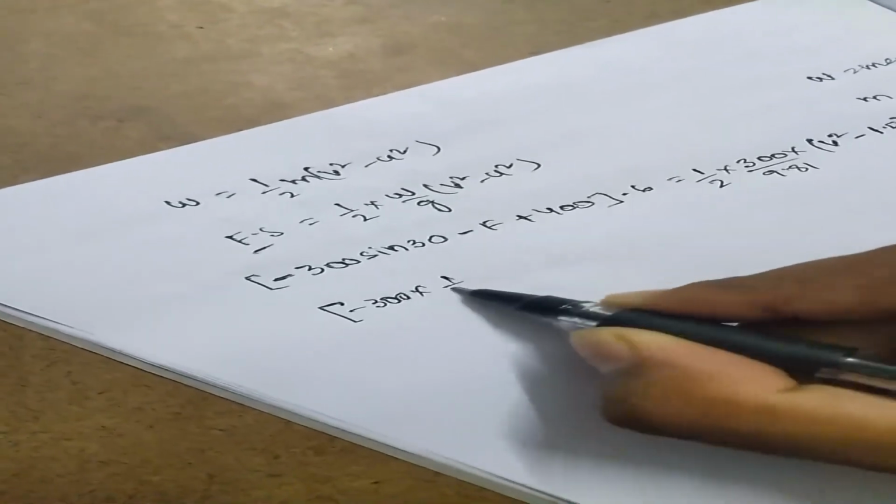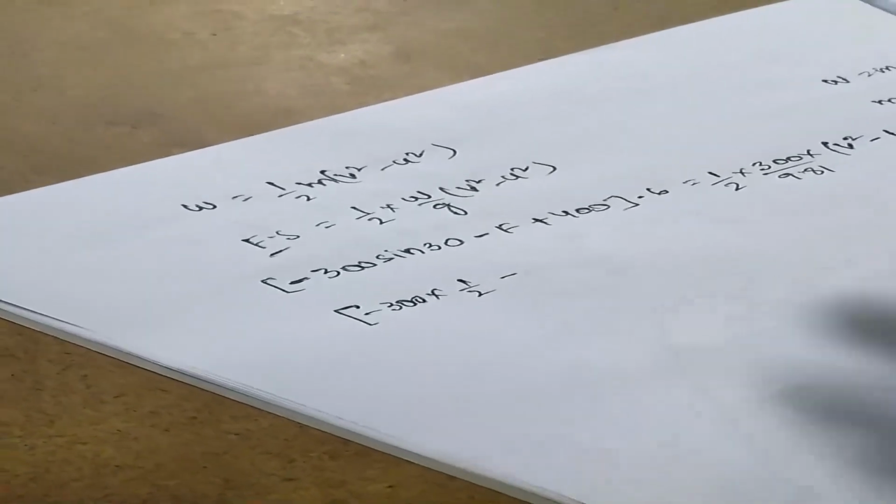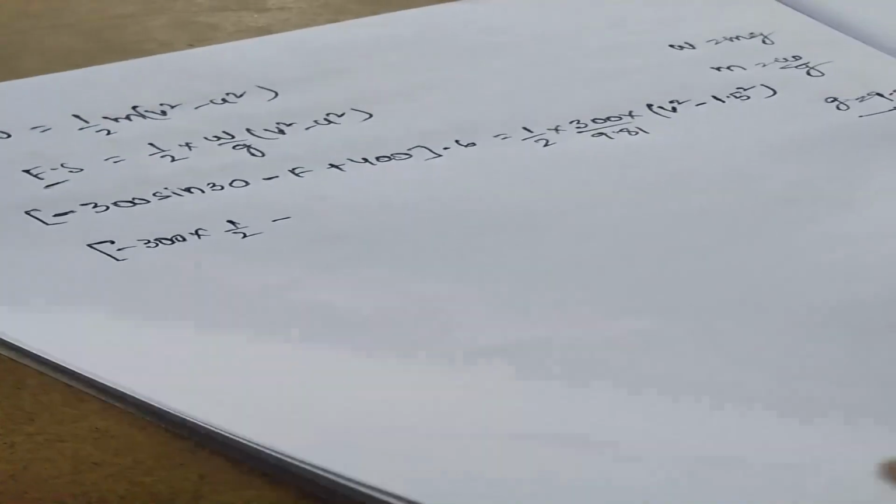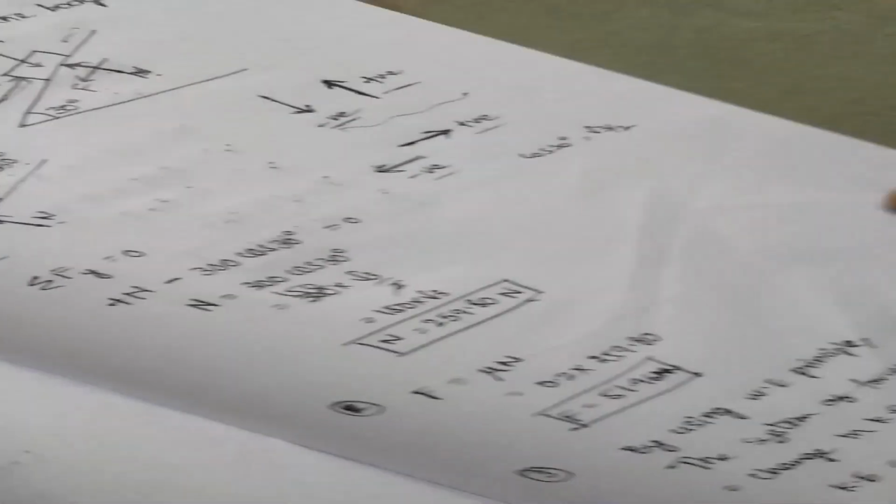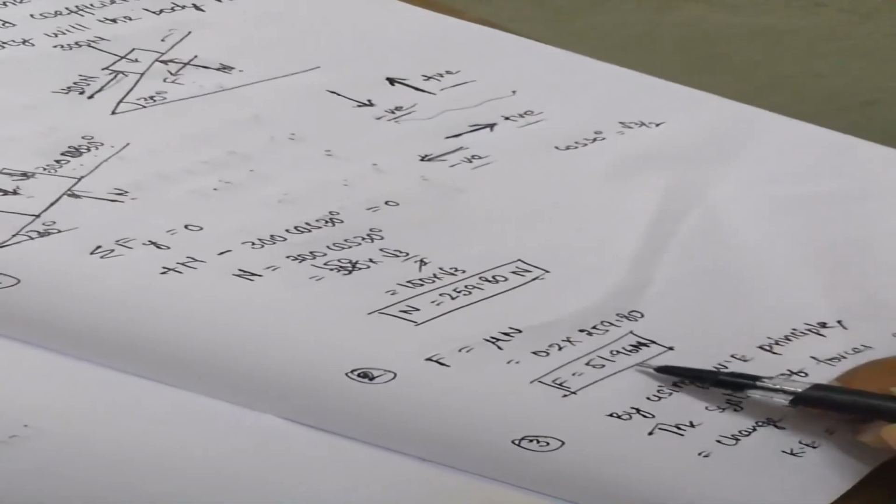Sin 30 is 1 by 2, minus F. Here F is 51.96 newtons.